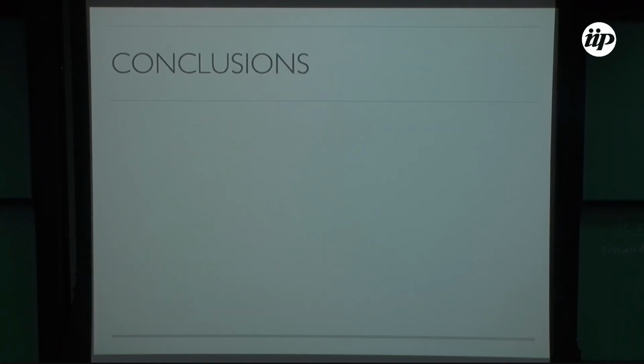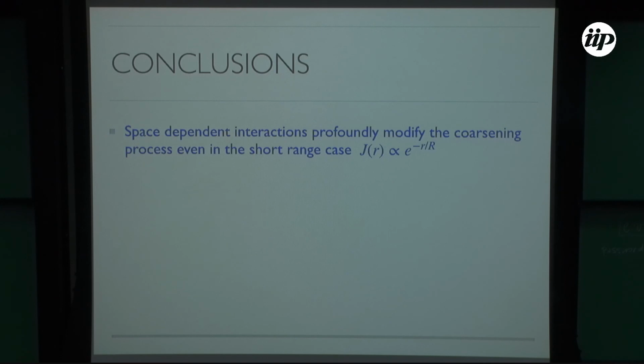Okay, so I think I'm done. These are my conclusions. I showed you that space-dependent interaction profoundly modifies the coarsening process, even in the short-range case. There is this wealth of pre-asymptotic behaviors. Also, the last part is that interaction with strong long-range kills coarsening.